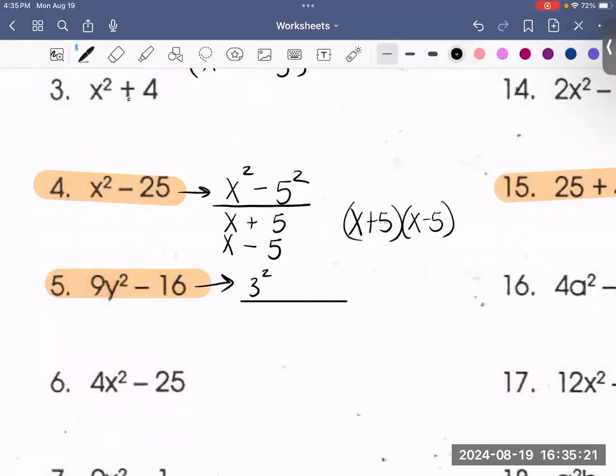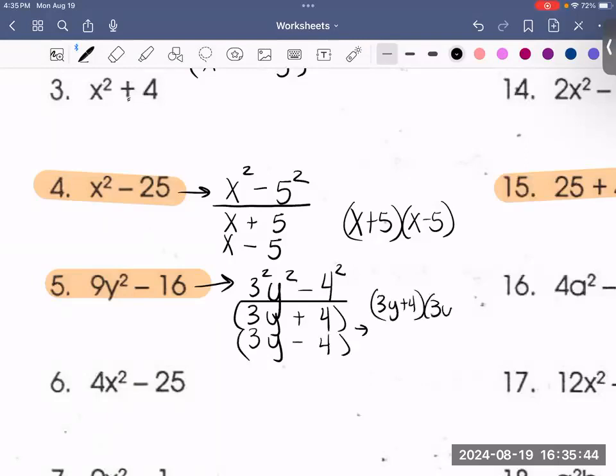That's 3 squared. Y is already squared. Now, what number times itself will get you to 16? We have 4 squared. So now we can just write out 2 of everything and alternate your signs. And there you go. 3x plus 4 and 3y minus 4.